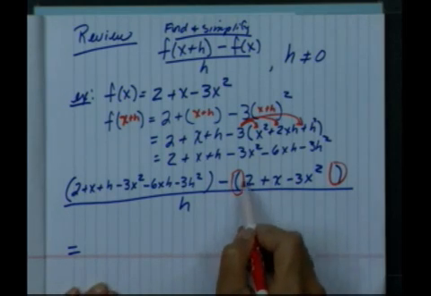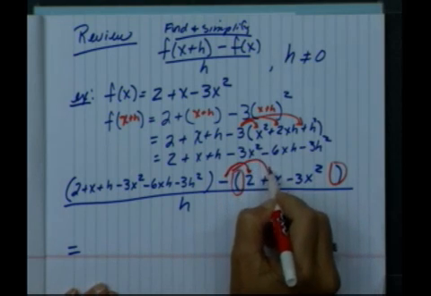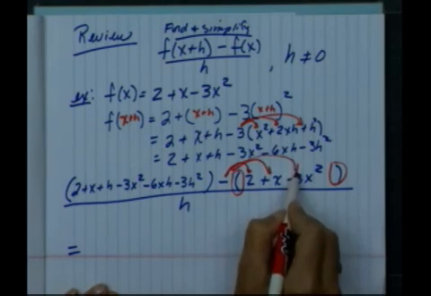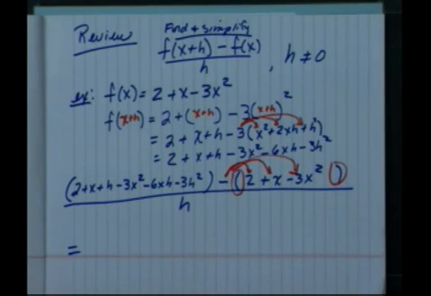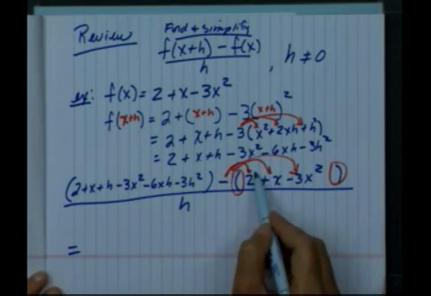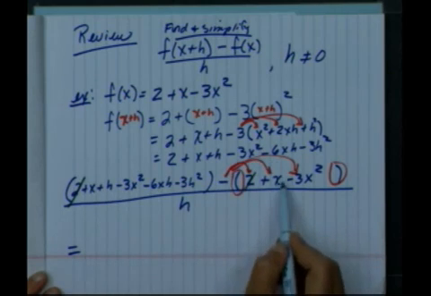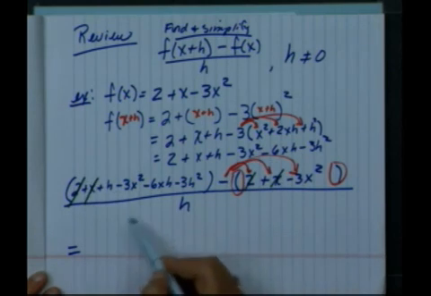Okay, this is minus this whole thing. You got to be careful to distribute your negative. And at this point, hopefully you see that 2 take away 2 cancels out. X take away x cancels out.